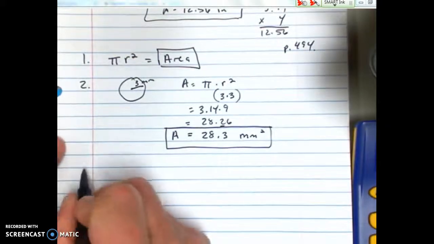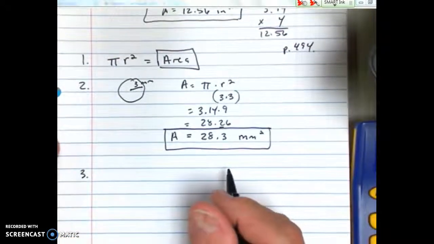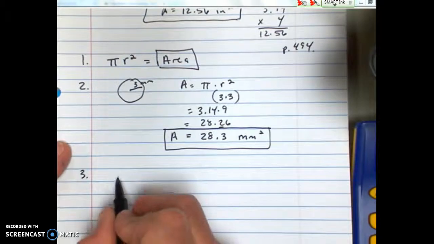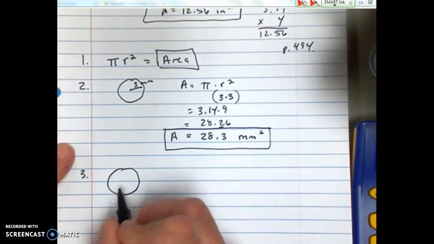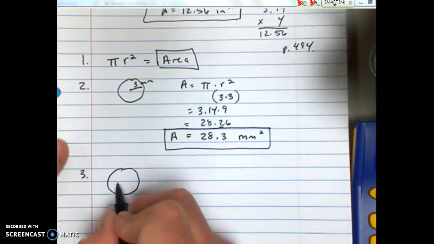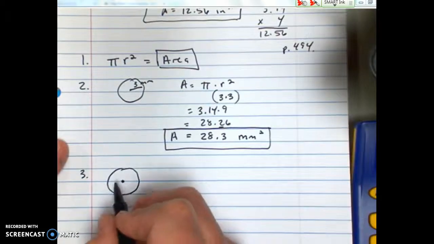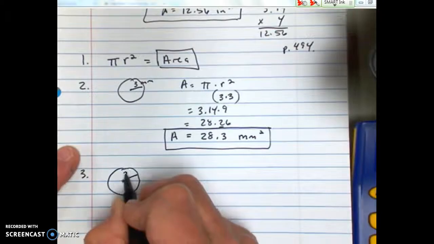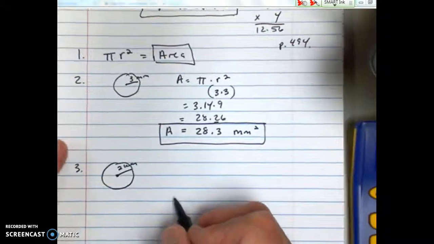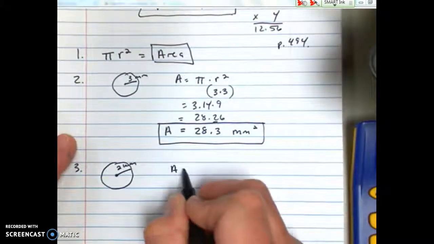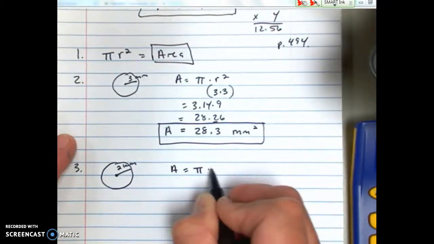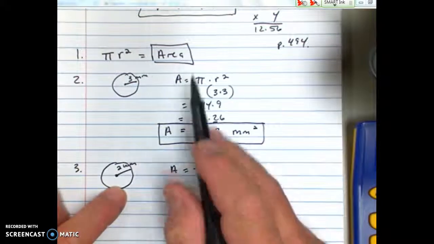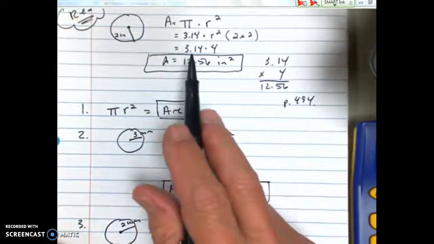Let's go on to number 3. In this case, we have a circle with a radius which is equal to 2 kilometers. So draw your circle, and then our formula, area is equal to pi times radius squared, and of course this one is going to be exactly like the one that we did in our journal.